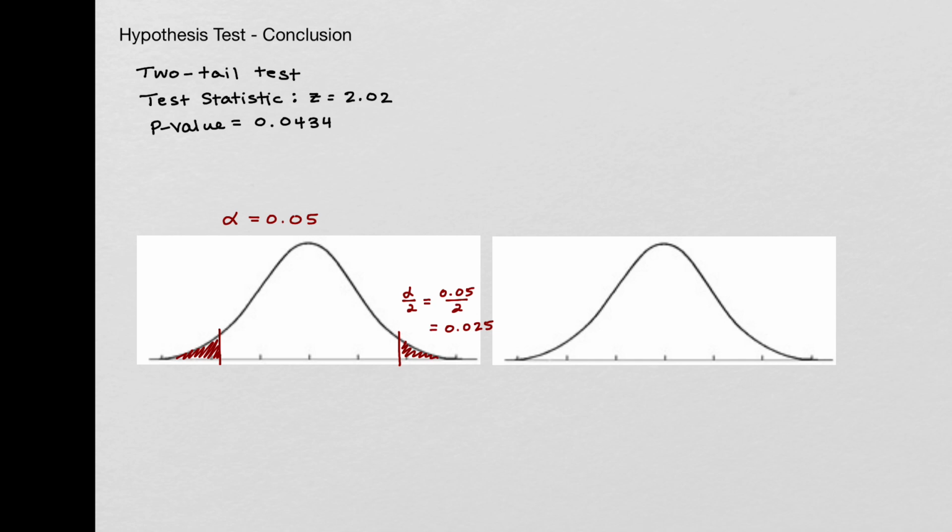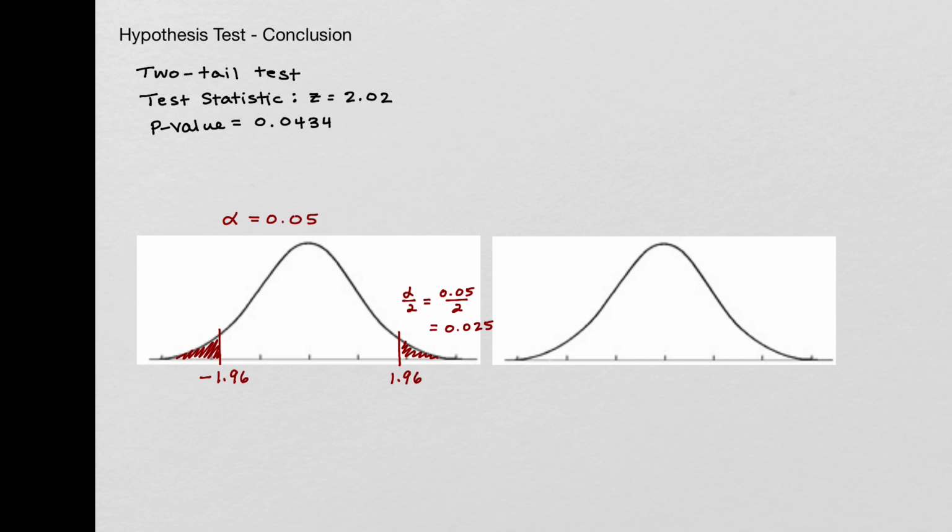So now I want to know what are the critical values, the z values that correspond to those areas. And so I can use the inverse norm function in order to find those critical values. And in this case, we have 1.96 and negative 1.96. So now I can compare those critical values with my test statistic.